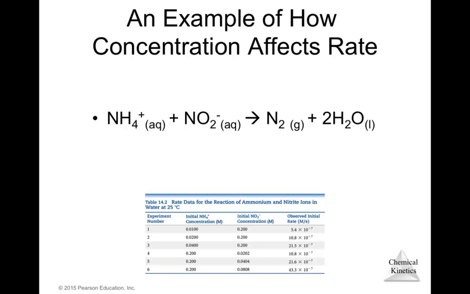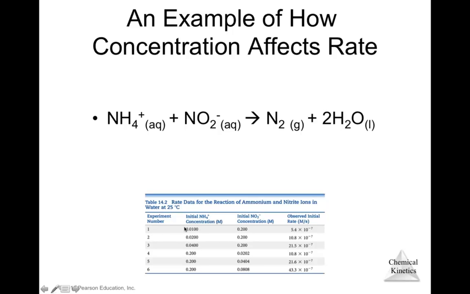In experiments 4 to 6, we can see that we have the NH4 constant in all three experiments, and we have three different concentrations of NO2. So if we see some difference in the rate, it's going to be due to the change of concentration of NO2. So these are 6 different experiments.